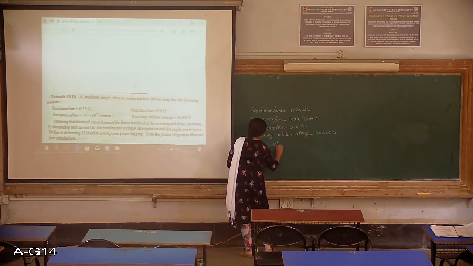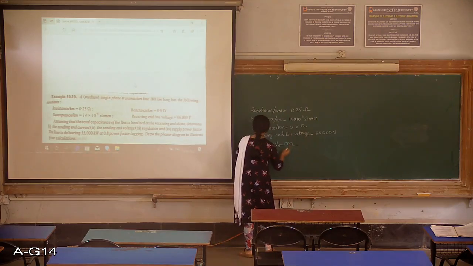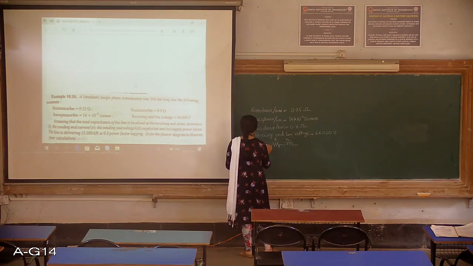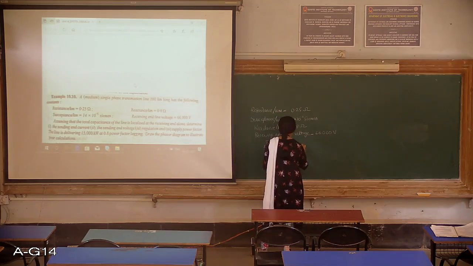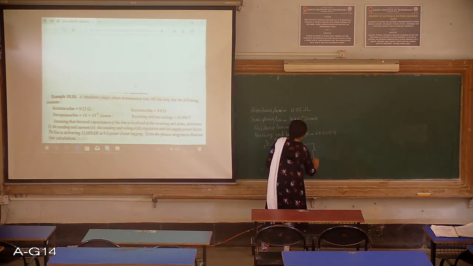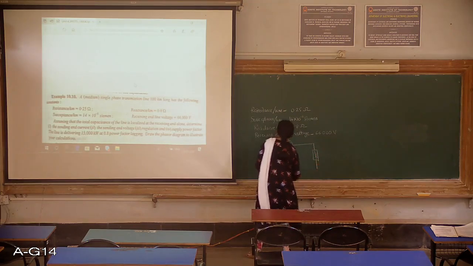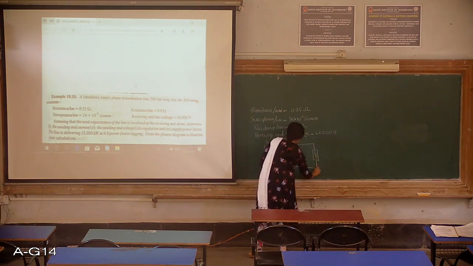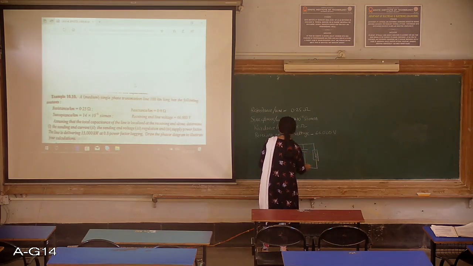So I draw R, lumped parameters. So this is R, this is X, to be precise XL, then the sending end current. Then you have to show a load, and then you have to show the end capacitor.